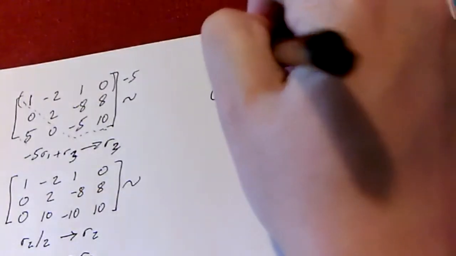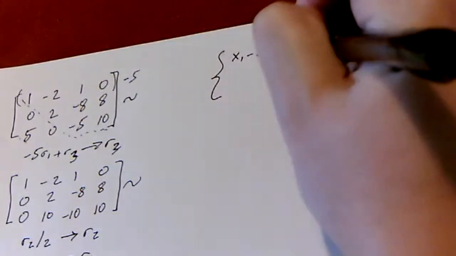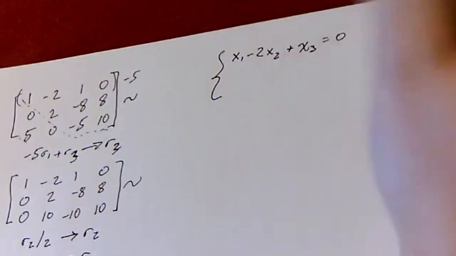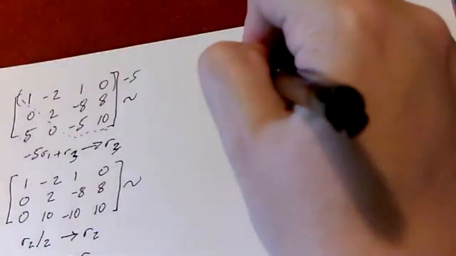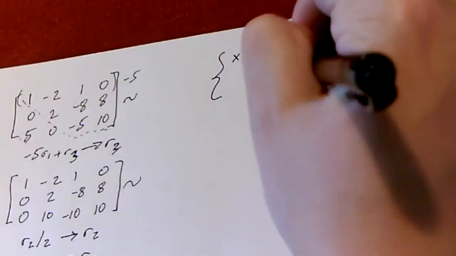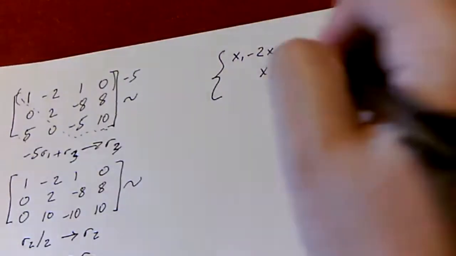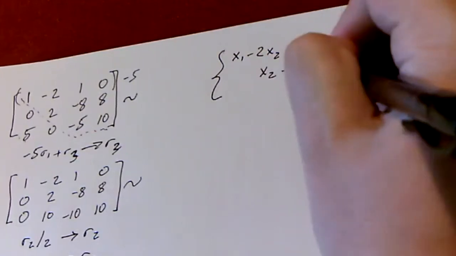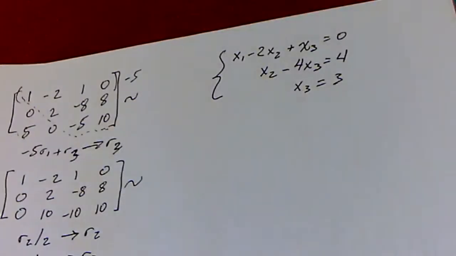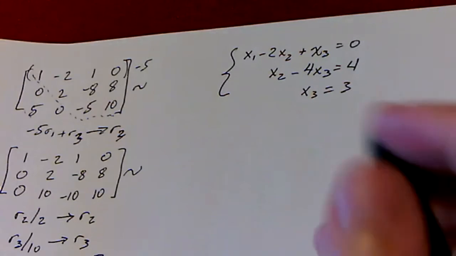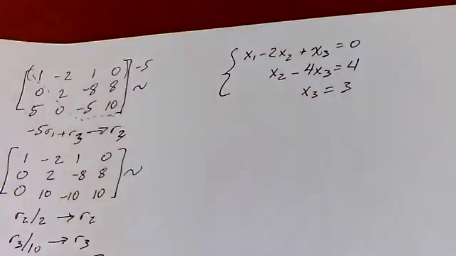Okay? So a question might ask you to determine if a system is consistent. So if I take x1 minus 2x2 plus x3 is equal to 0, and x2 minus 4x3 equal to 4, and x3 is equal to 3. Notice a couple of things here. I wrote these where the variables lined up.